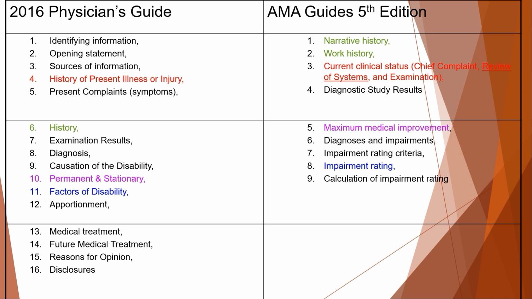And finally, whereas the 2001 Physician's Guide has a section where we describe the factors of disability, in the AMA Guides we're going to talk about the impairment rating for injuries after 1105. So let's go now to our hybrid format that includes all the elements required by both the 2001 Physician's Guide and the AMA Guides 5th edition.